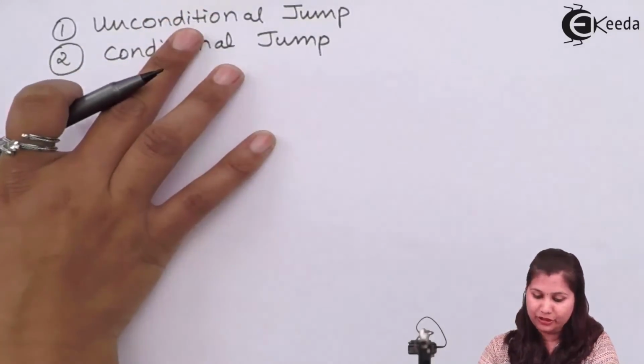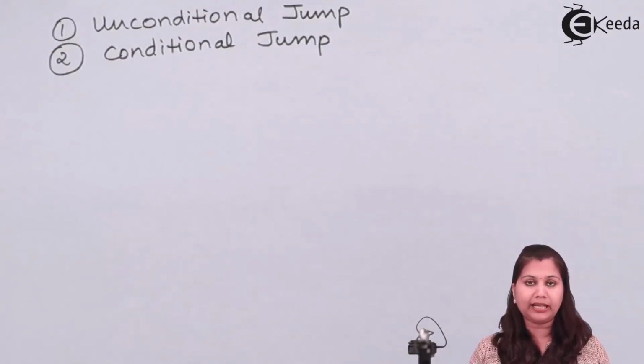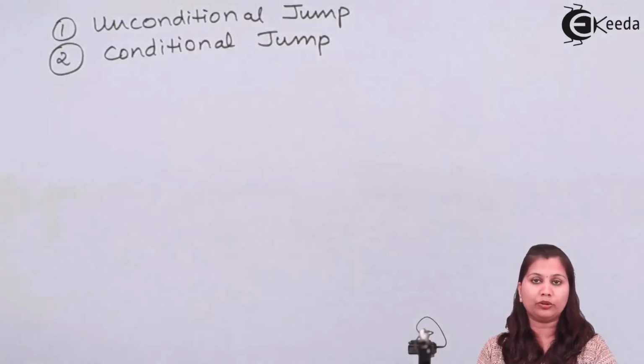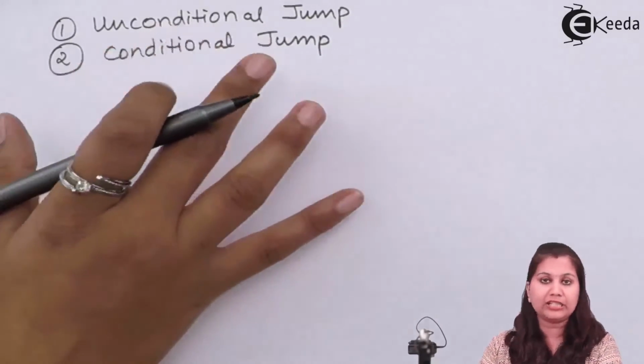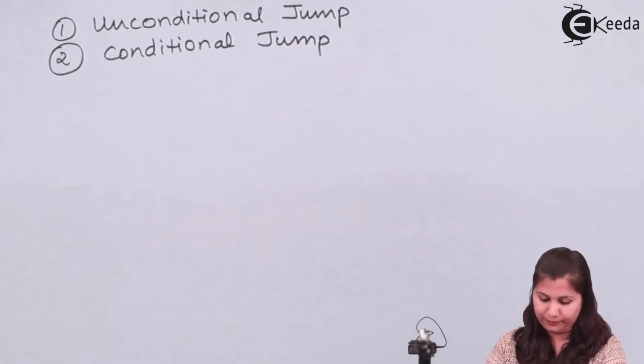In an unconditional jump, no condition is specified in the instruction. Every time the microcontroller executes an unconditional jump instruction, it is going to jump to that memory location.